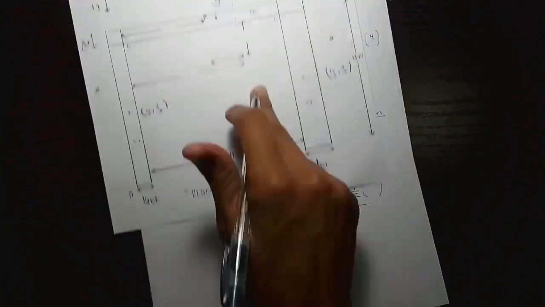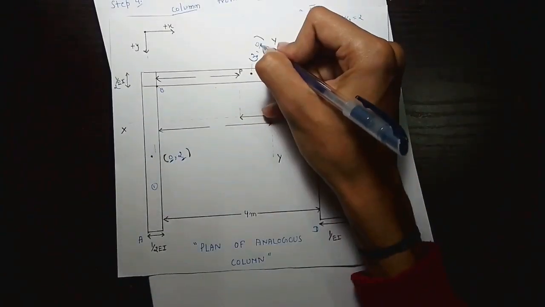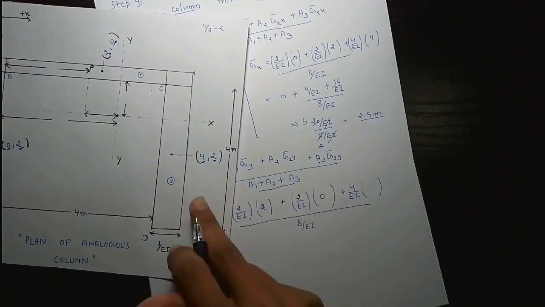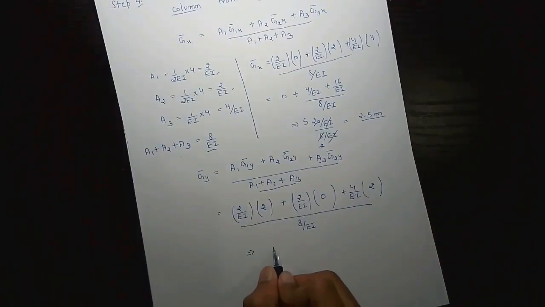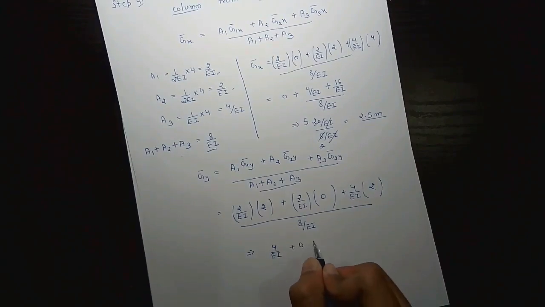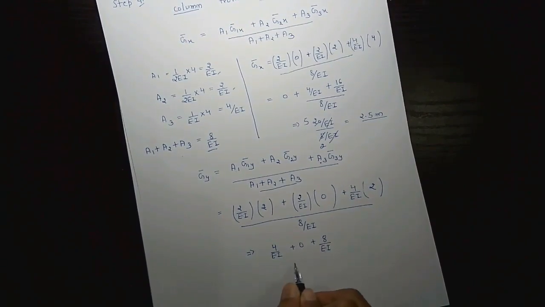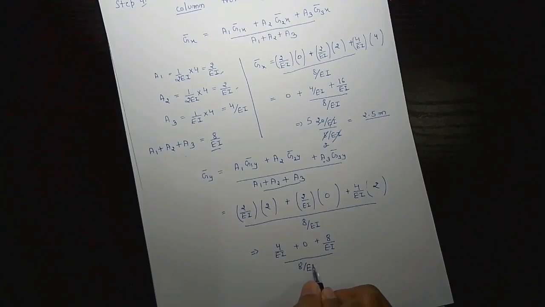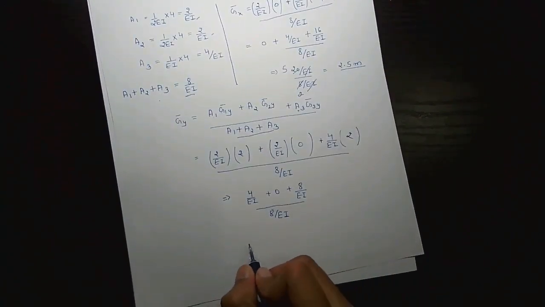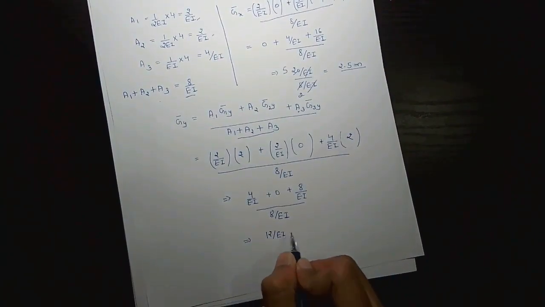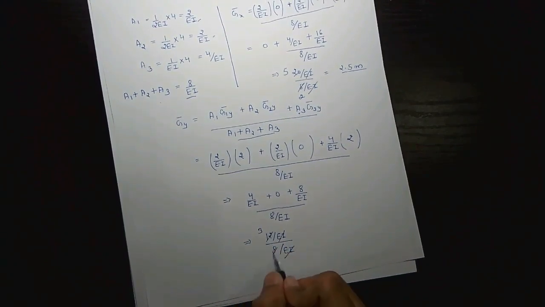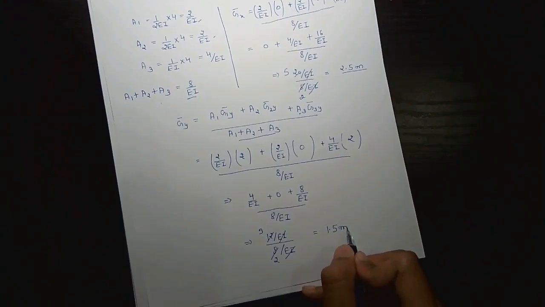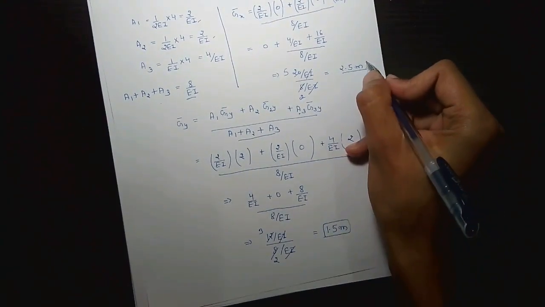G1 y bar is 2, G2 y bar is 0, and G3 y bar is again 2. So it will be equal to 1.5 meter in y direction.